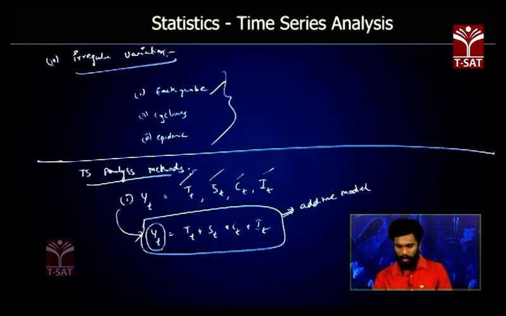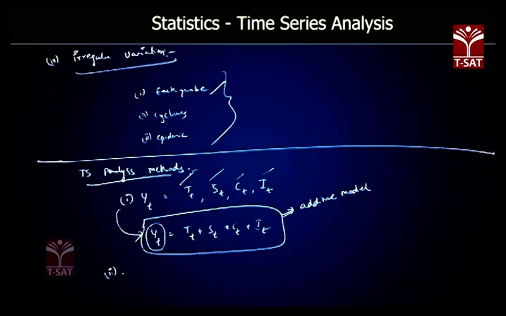Now there is a second model where each and every effect will be acting proportionally on the YT value. So then at that period of time we write YT is equal to T into S into C into I. That is, each and every variation is affecting proportionally on the YT value.